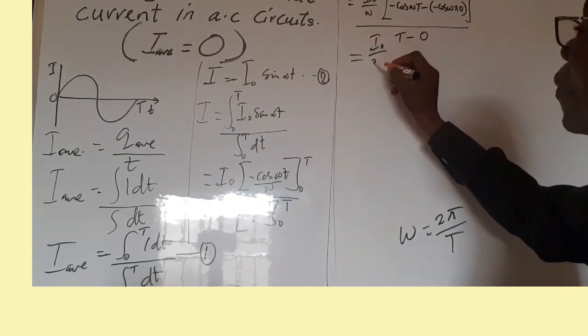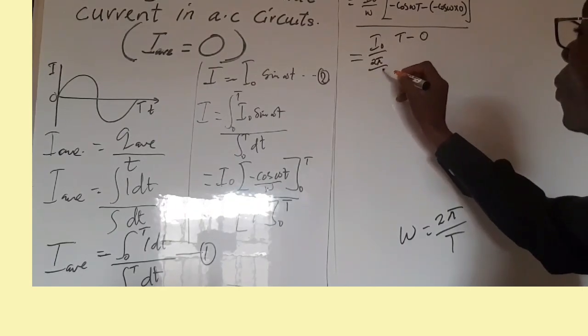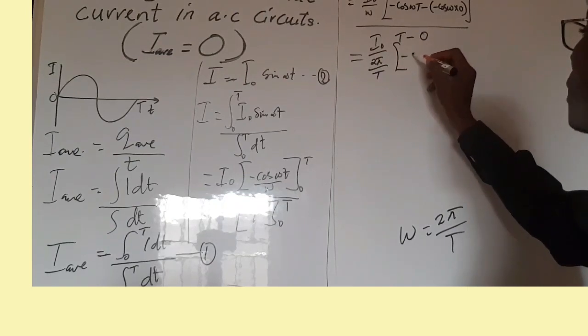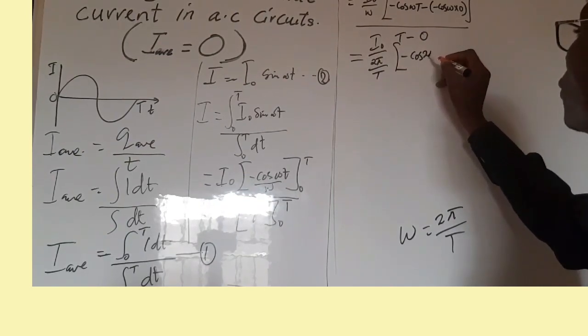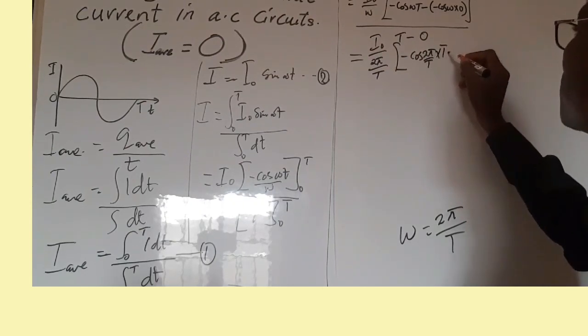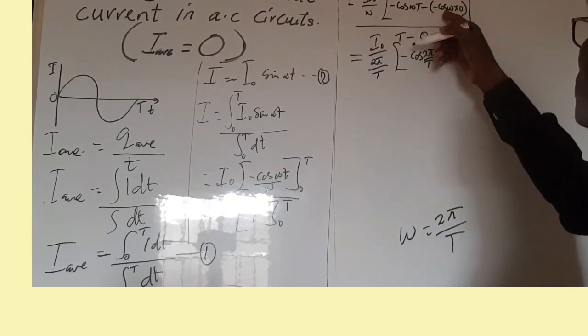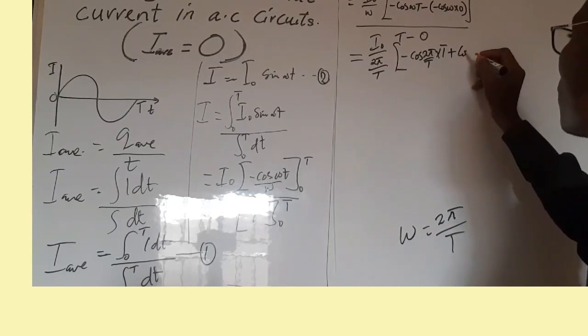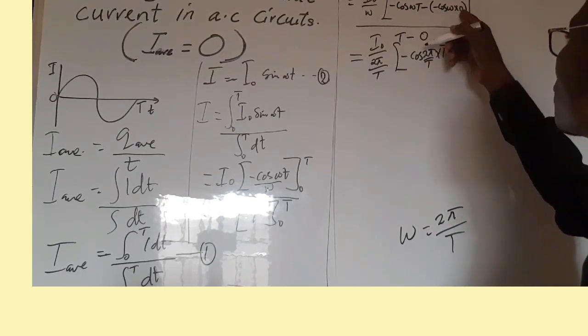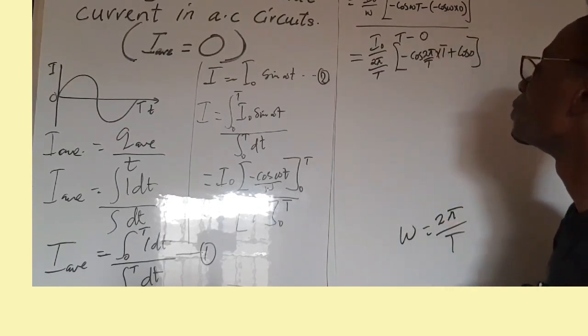I naught over 2 pi over T, then bracket open, then minus cos of 2 pi over T times T, plus, now minus times minus will give us plus, then cos 0, because 0 times omega will become 0 there.